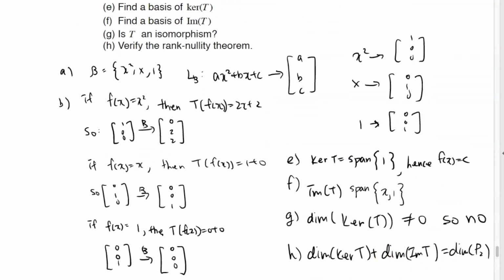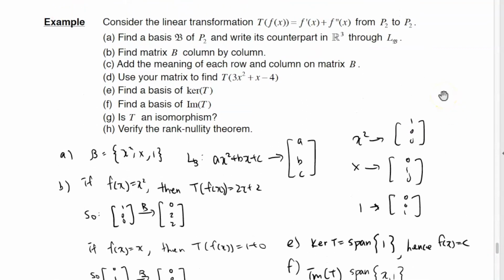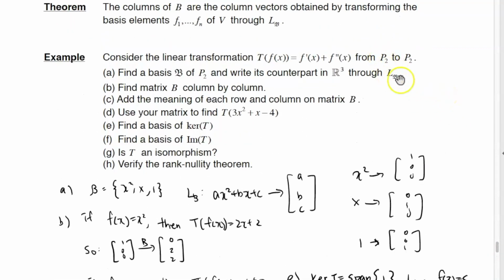So does it make sense with the rank nullity theorem? Yes, 1 plus 2 equals 3. Here, that's what we should write here. 1 plus 2 equals 3, 3 being the dimension of the P2 here, not this one.